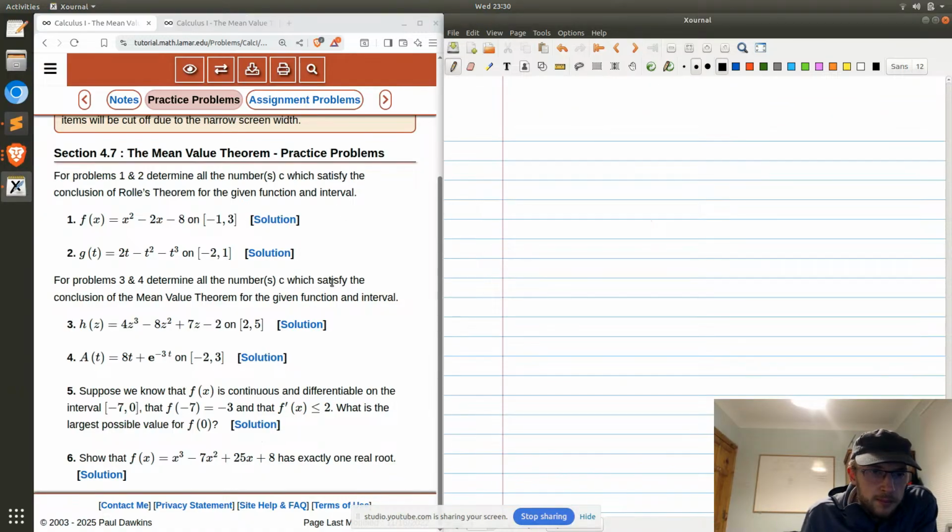Problem 4. Same question. First, just, is it differentiable and continuous? Yes. Compute a of -2, compute a of 3.